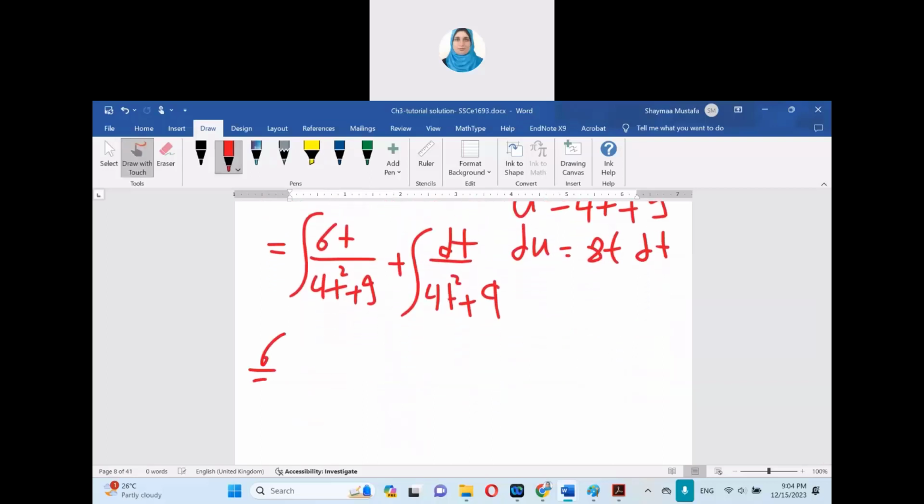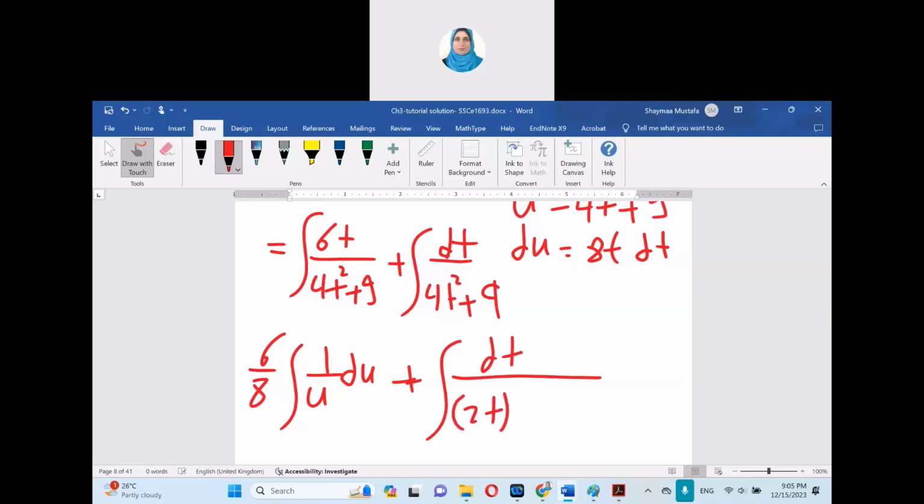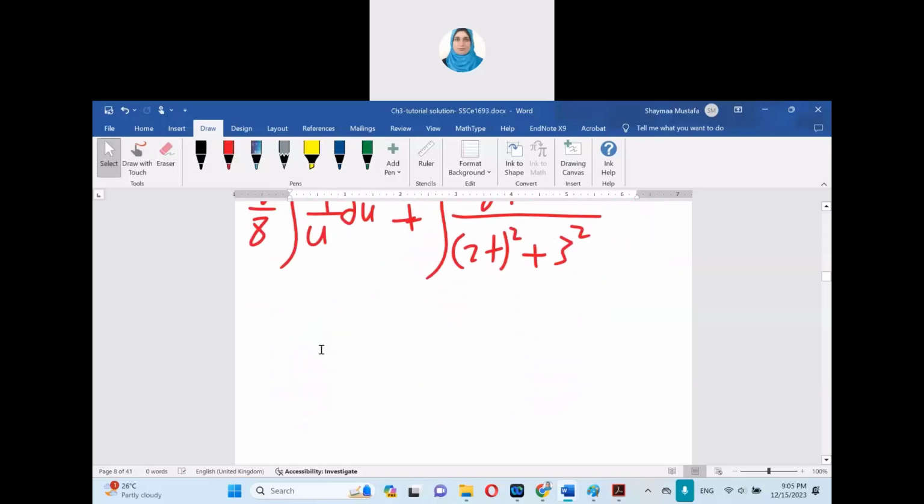So you have 6 over 8, 1 over u du. Plus, this one is 1 over (2t)² plus 3². Right. So here 6 over 8 ln u.